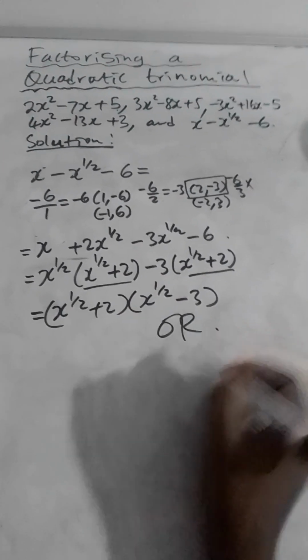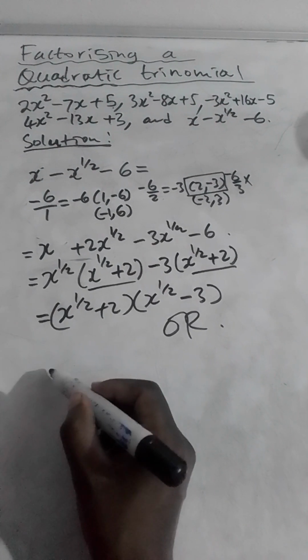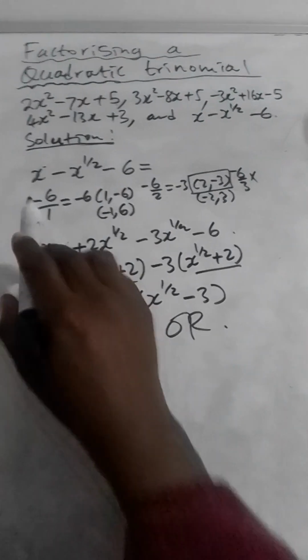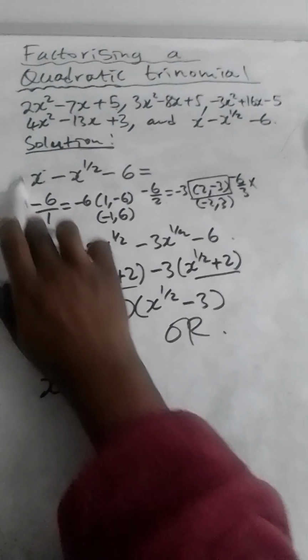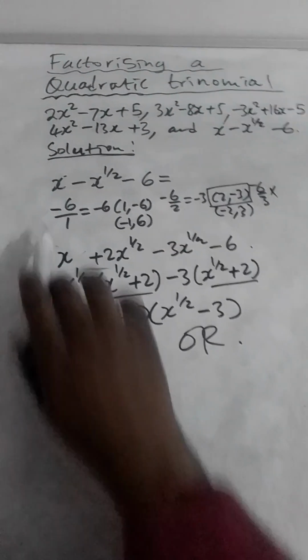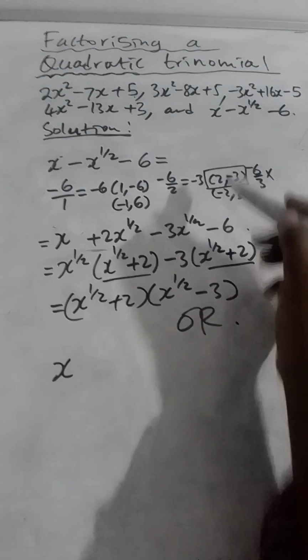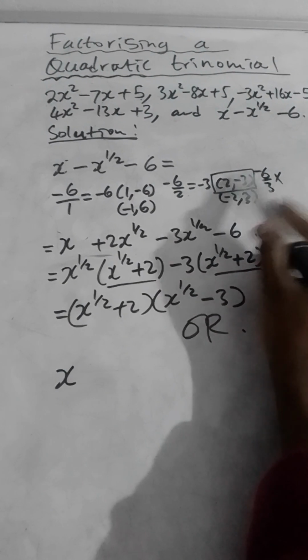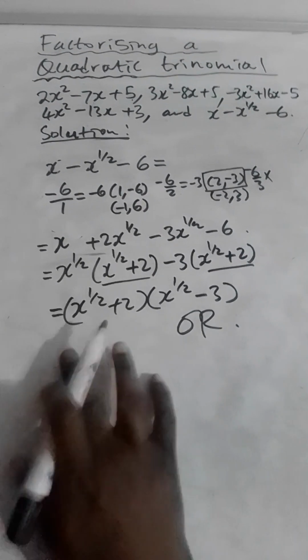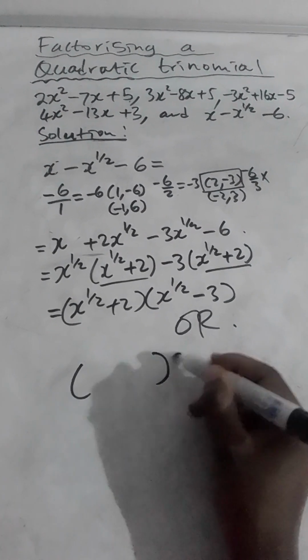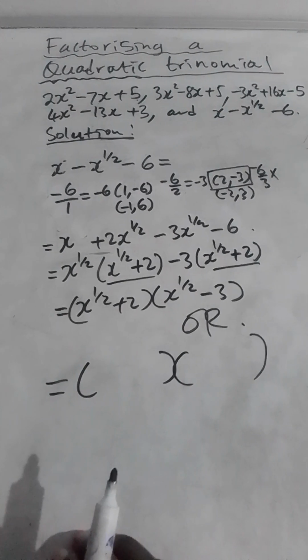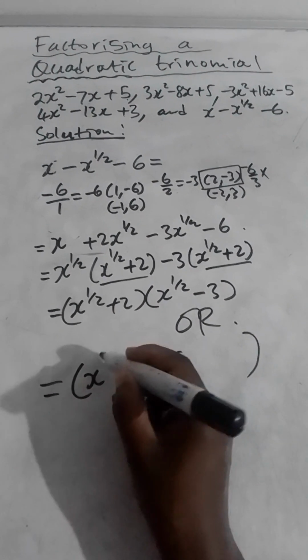But if you are doing the grade 8 and 9 method I taught you, where this is 1, or you can take out the number here as a common factor so that you have 1 on the highest power of x, what you were supposed to do after finding the factors 2 and negative 3 was then to open 2 pairs of parentheses and then write x to the half.